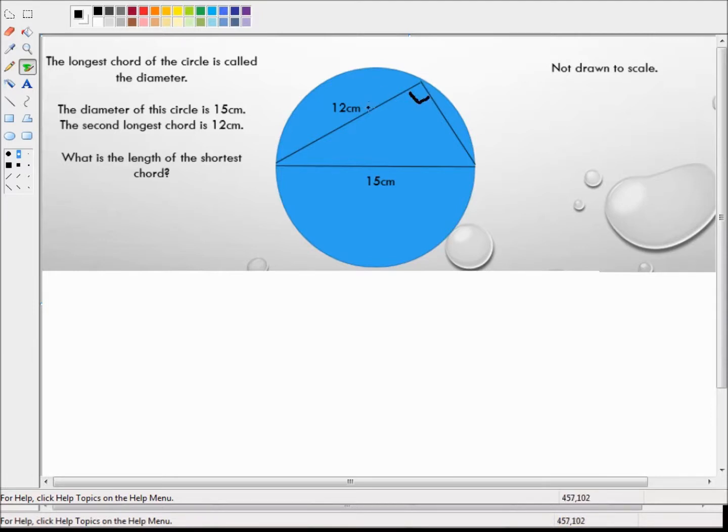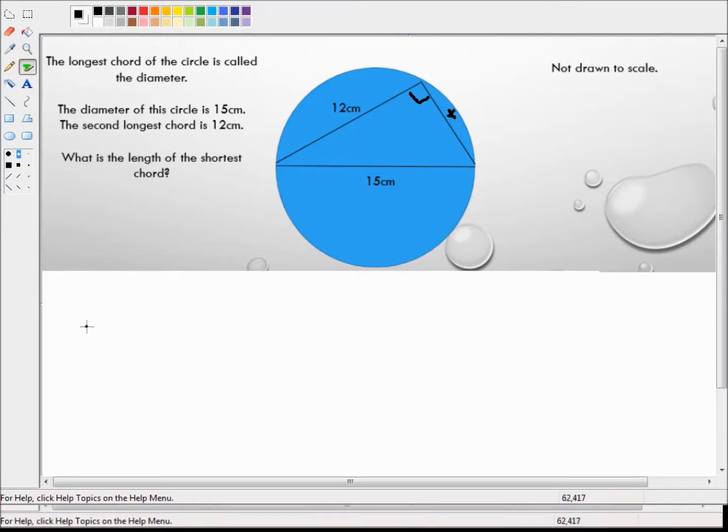That's a property of a circle, that those two chords meet at 90 degrees. So now that we know that this is a right angle triangle, we can go ahead with confidence and use Pythagoras' theorem to get the missing length, which I'm going to call x.